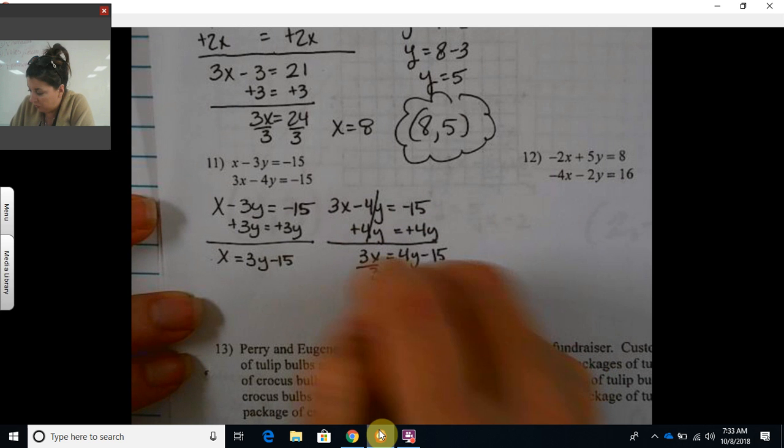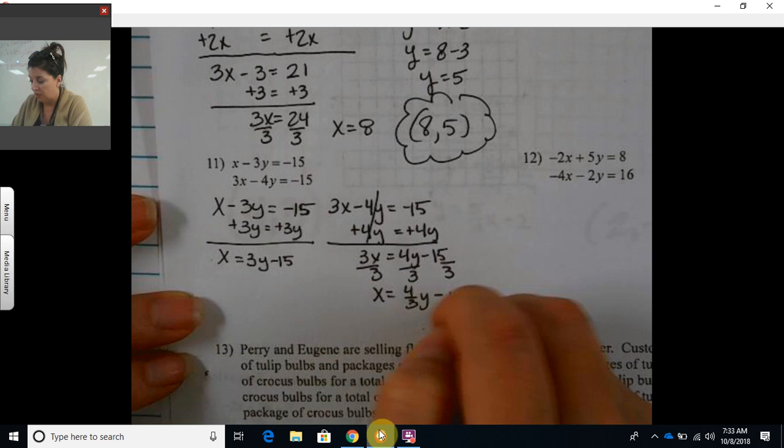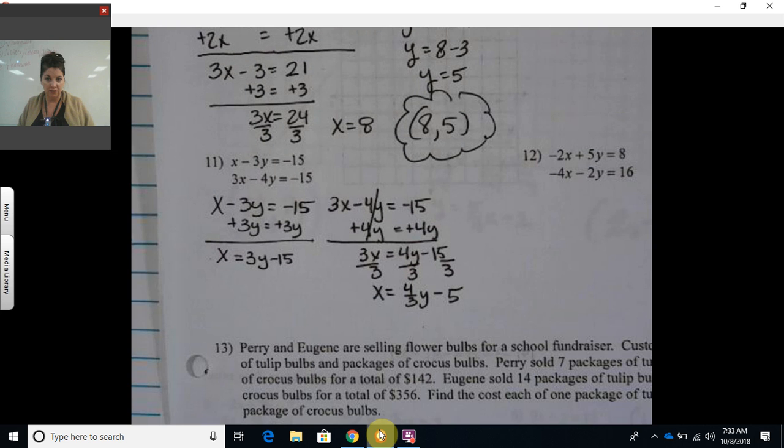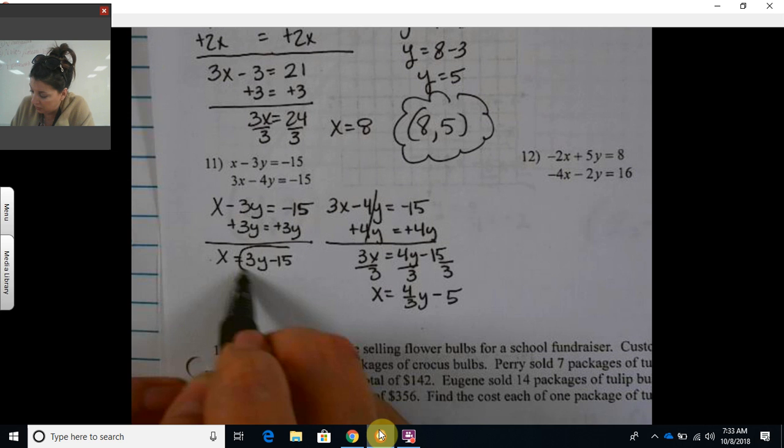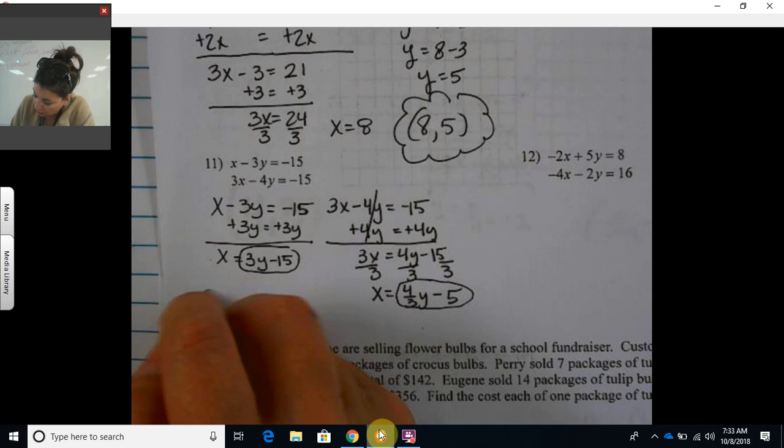And if you get a fraction, just leave it as a fraction. Don't change it to a decimal, because we know how to clear the fraction. Okay? So I'm going to substitute what my x's are equal to and set those equal to each other.